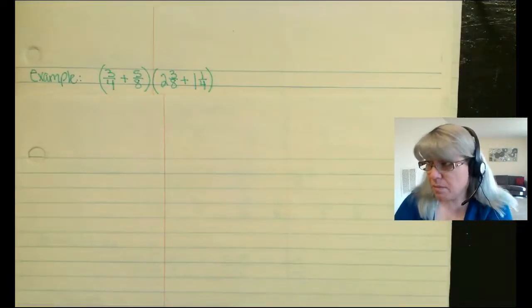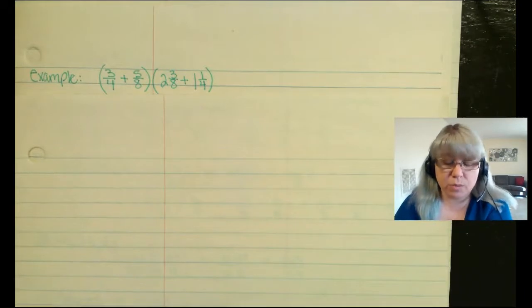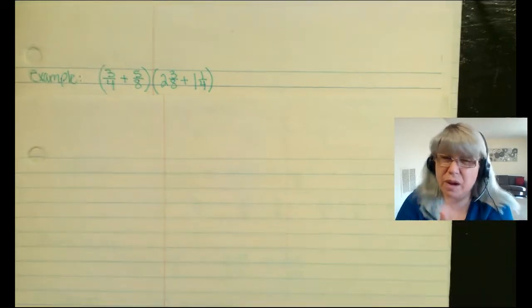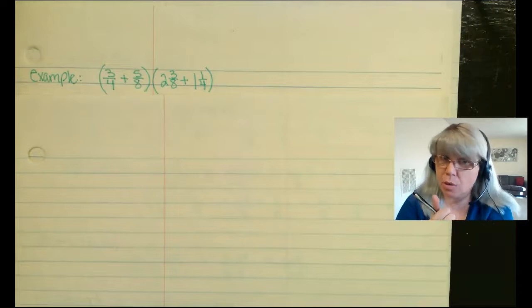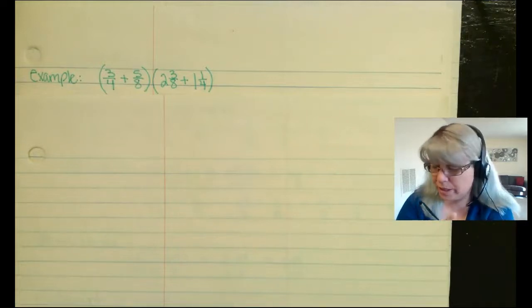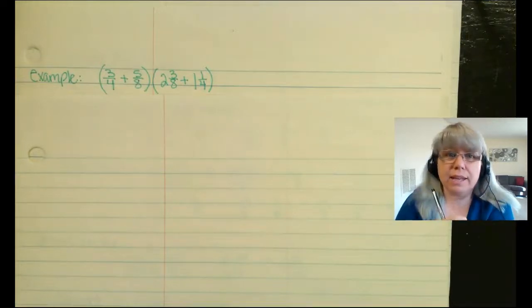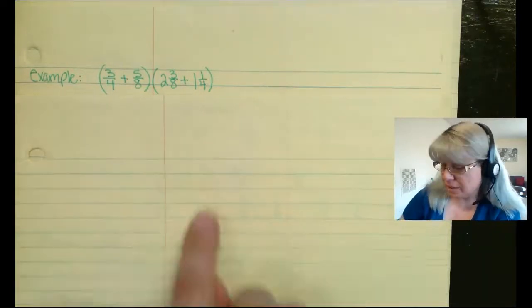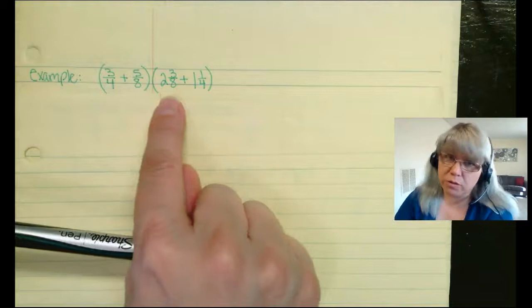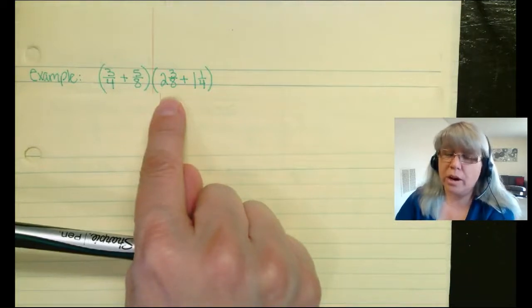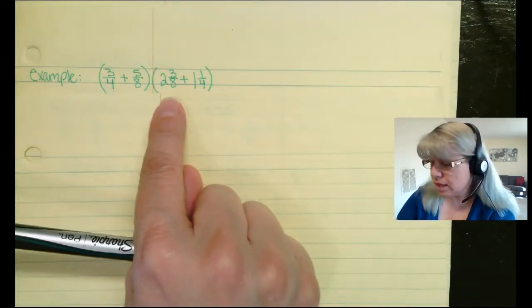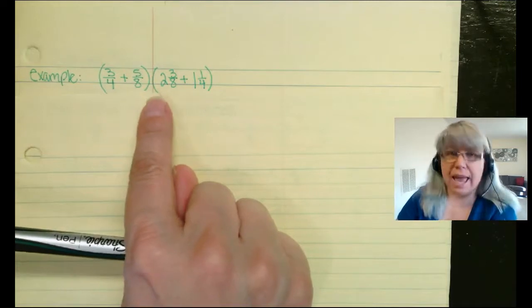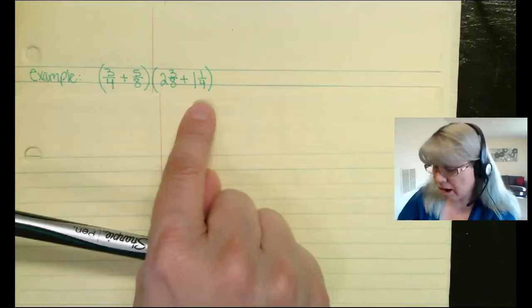When you have combinations of operations within a problem, first you've got to figure out what you have to do, and in the order in which you need to do it. But you also want to look at it to see, do I need to change these values over, like if they are mixed numbers, do I need to change them over to improper fractions? Or can I use the method where I add the whole numbers and then add the fractions?